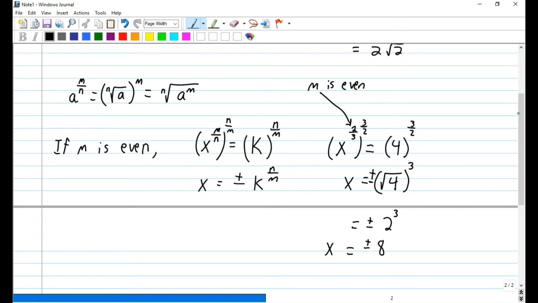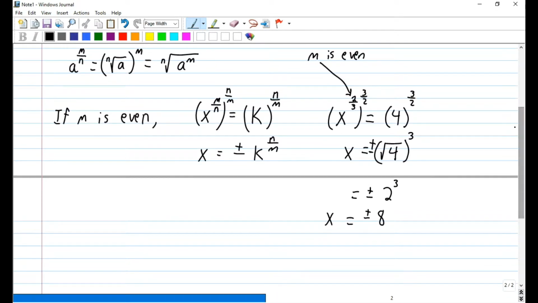Now, if you understand that, then you will understand what to do if m is odd. Because if m is odd, you just don't put a plus or minus in front of your answer when you raise both sides. So if m is odd, you do not put a plus or minus in front of the right side.